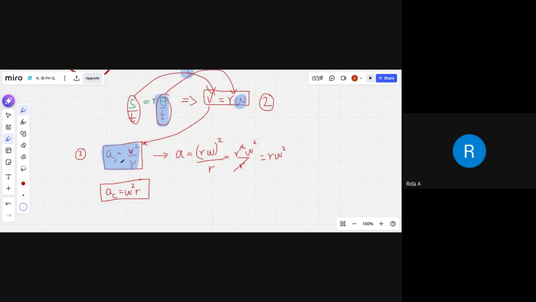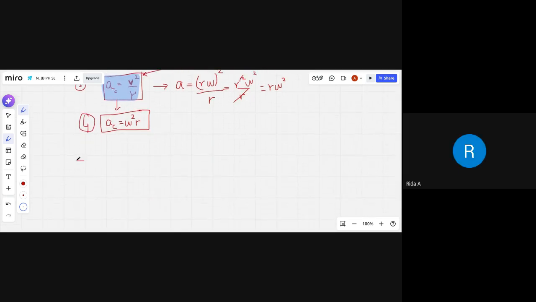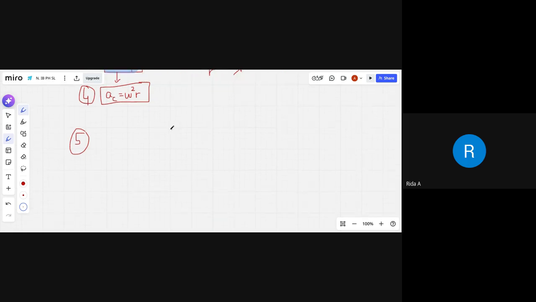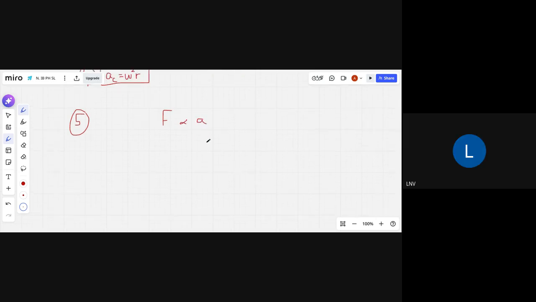And then you have centripetal acceleration, which is V squared over R, and you plugged in your second equation into the third one, and you end up with the fourth one. The fifth and final equation is Newton's second law that will apply to this concept of circular motion. Newton's second law just says that force is proportional to acceleration. So you have F equals ma.